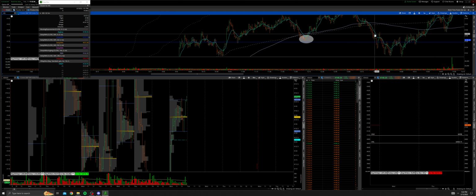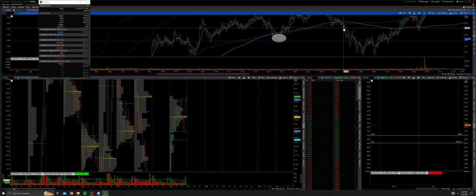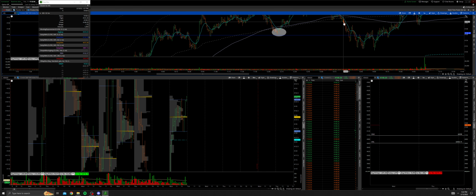This is what you call a fail of the 144 and the standard deviation. We pulled back to it, held it initially, and if you weren't scalping and you were looking to hold for a new high on the day, well, you got hurt because this thing, once it crossed over and got underneath the 144 and that first standard deviation, we sold off pretty good.